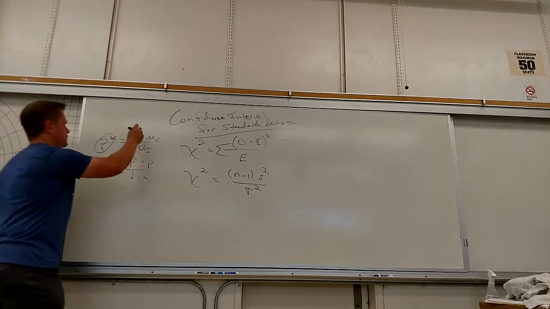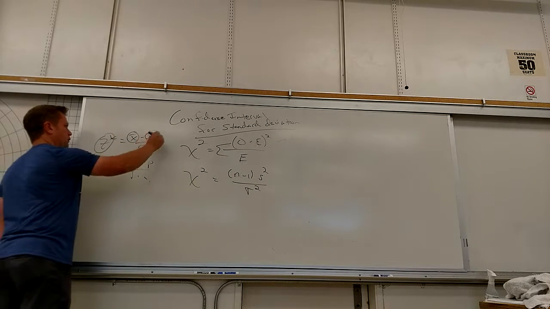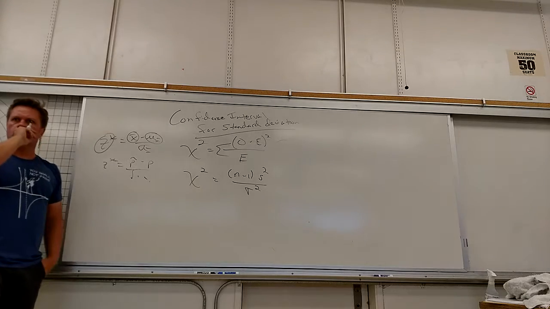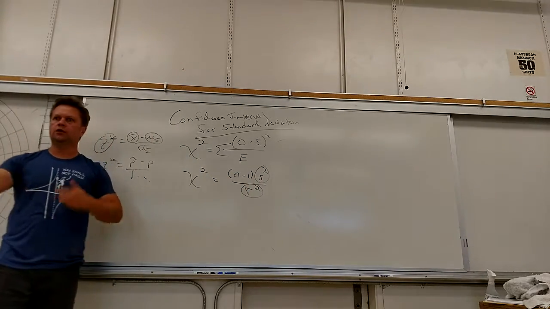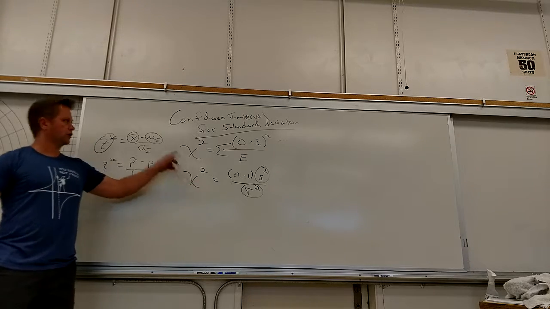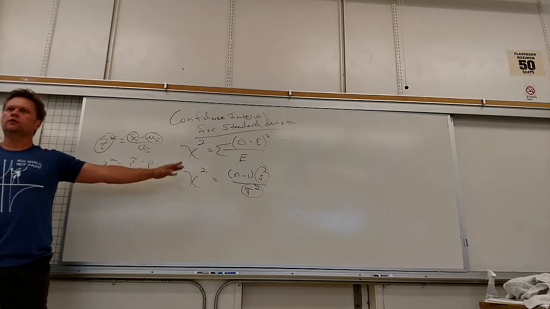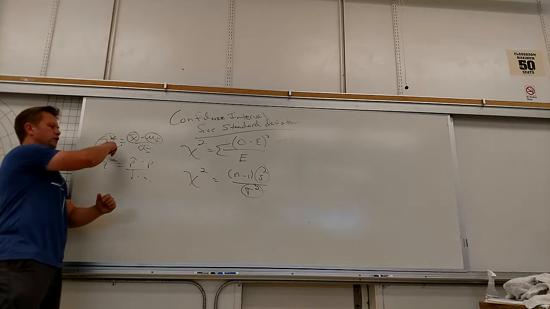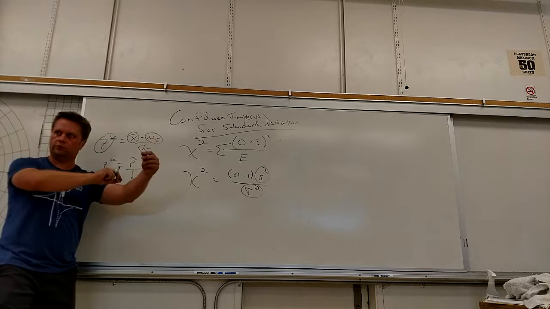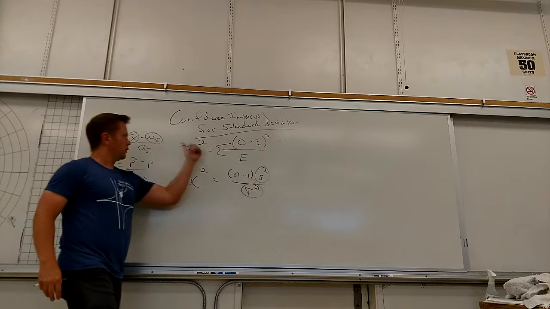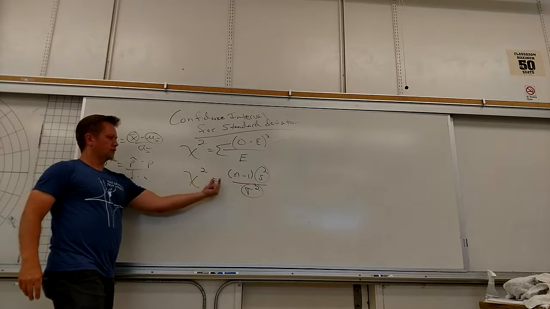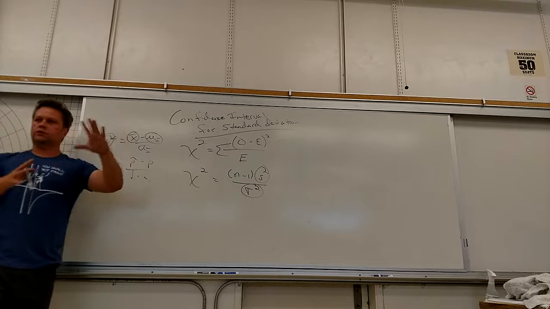It's sort of like taking a sample mean when I know the actual population mean: taking a sample standard deviation when I know the actual population standard deviation. I can create a score just like I can create a z-score. The z-score is the standard normal distribution. If I do this, it's very much like that, but it's going to end up with the chi-square distribution. It's going to end up looking like that.